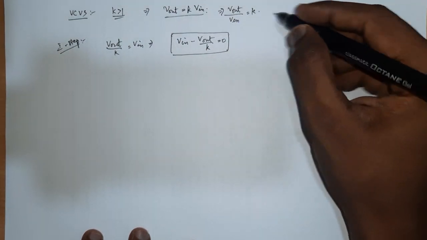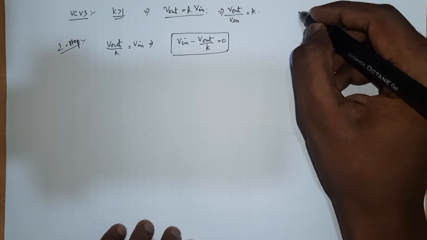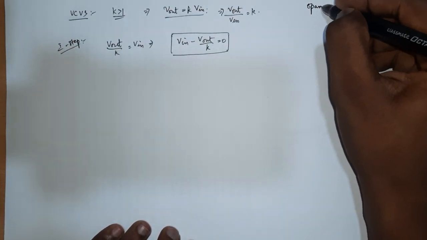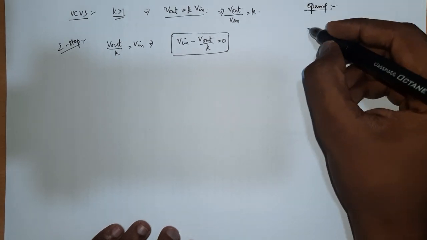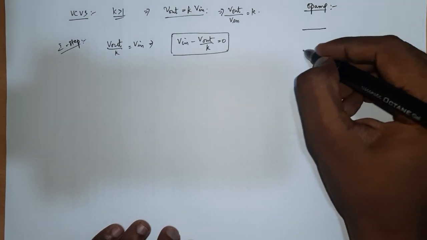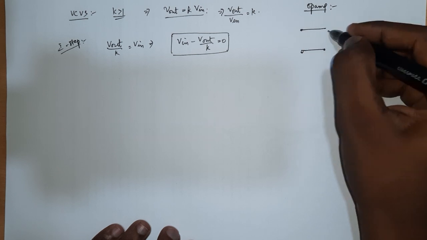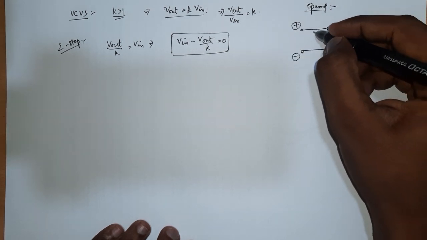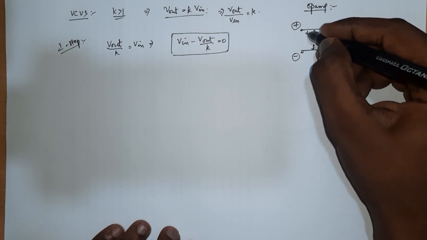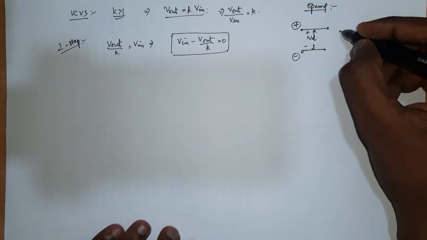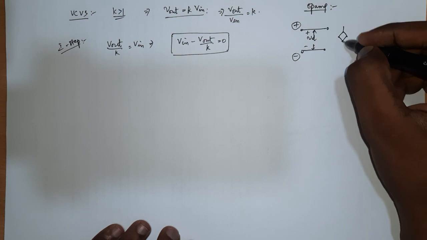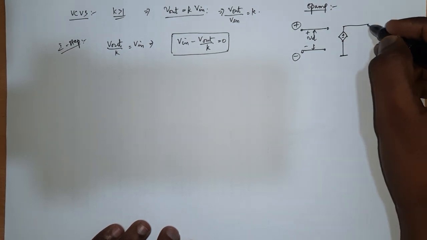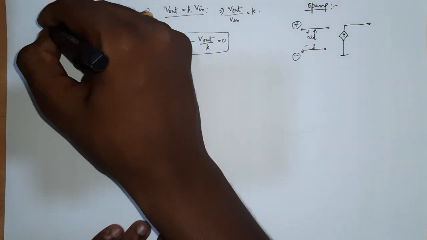As I said in the last class, you have an op-amp which is a voltage controlled voltage source, and the equivalent circuit of an op-amp is something like this. This is the positive terminal, this is the negative terminal, and the difference between these two terminals is Vd, and you have a voltage controlled voltage source, because the op-amp in itself is a voltage controlled voltage source.